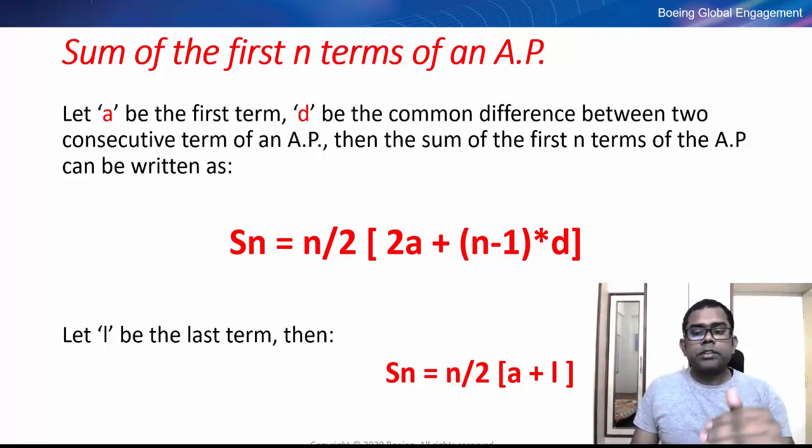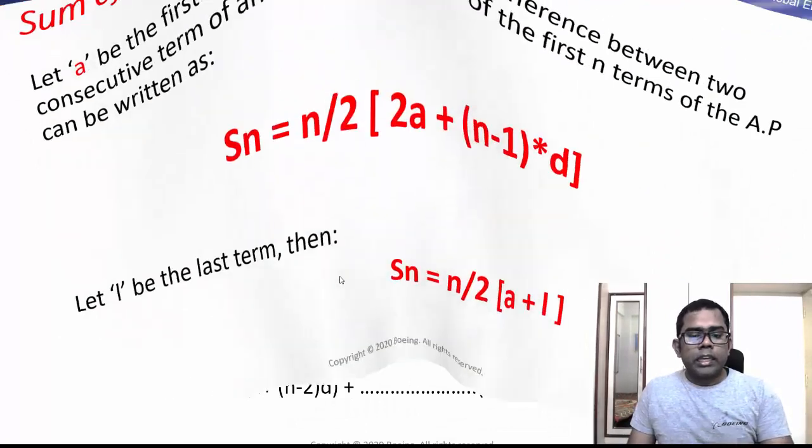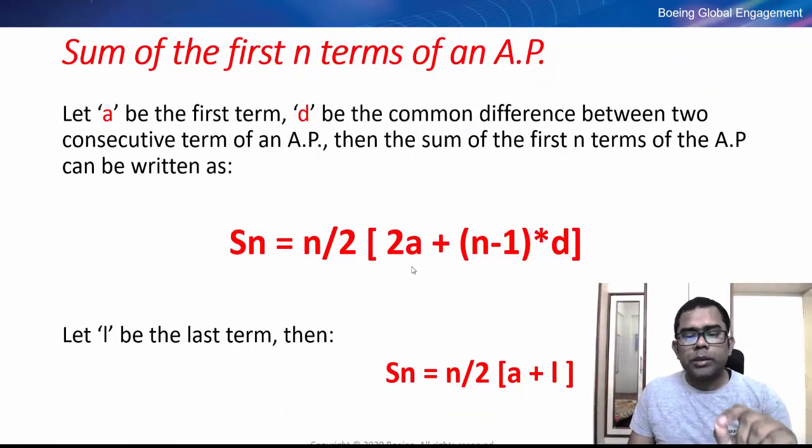Then sum of the first n terms of the arithmetic progression is written as Sn is equal to n by 2 into 2a plus n minus 1 into d.